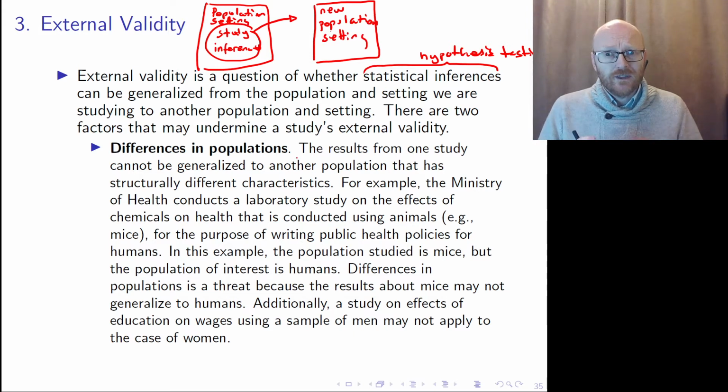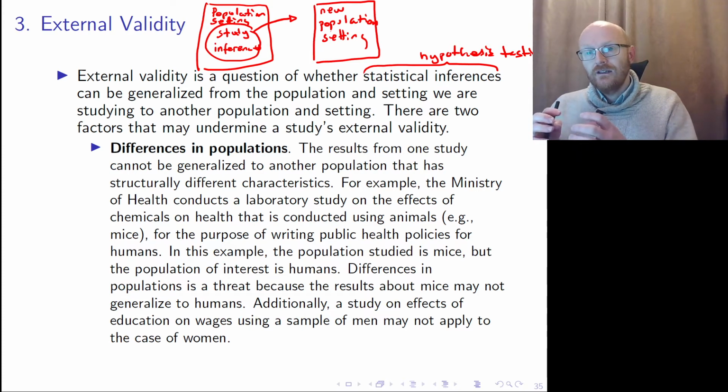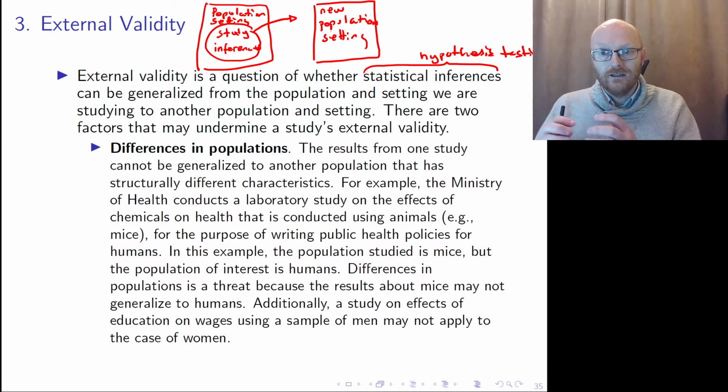Okay, so this is what we are going to talk about in this video, and so external validity is just to be able to use your model on a different setting or on a different population.